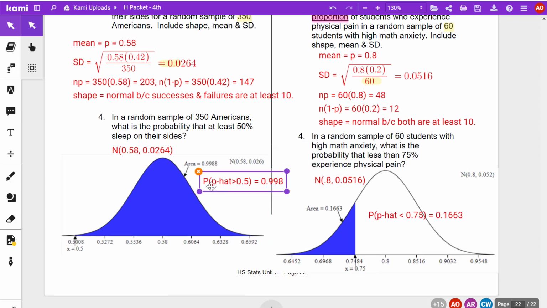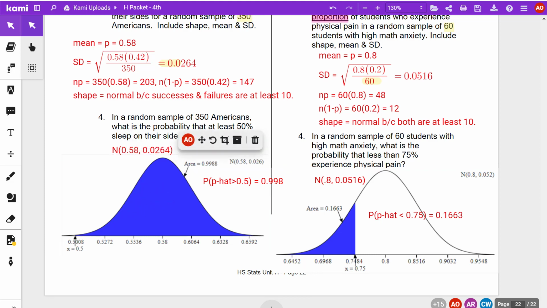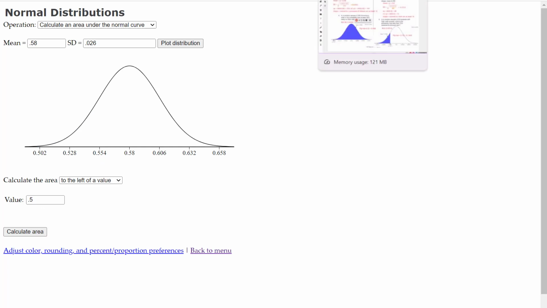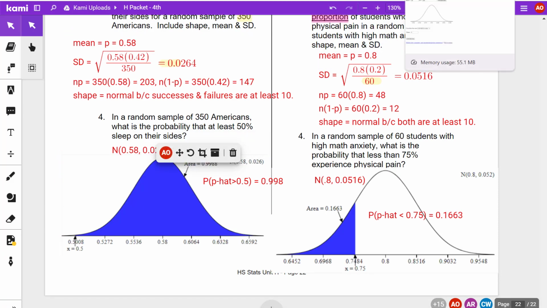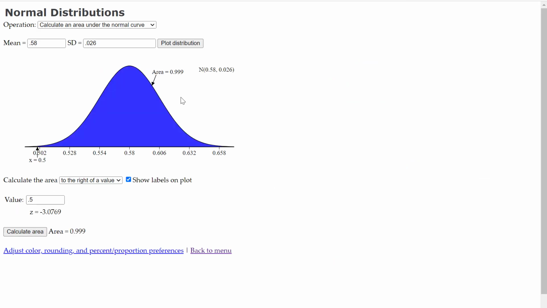Then it just becomes a matter of using the Statplet. Here it's 0.58 and 0.026. Plot the distribution, and we want the probability of at least 50%. So I would go to the right of 0.5, calculate area, and you can see it's almost 100%.